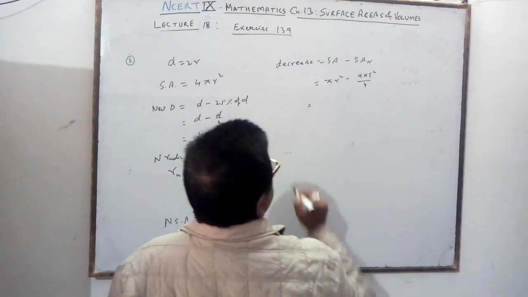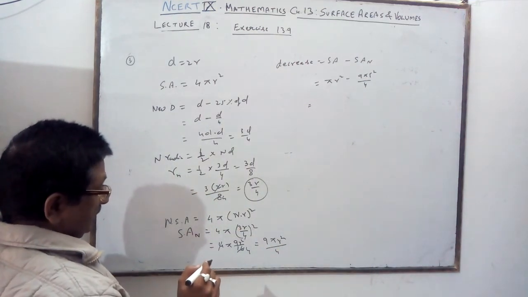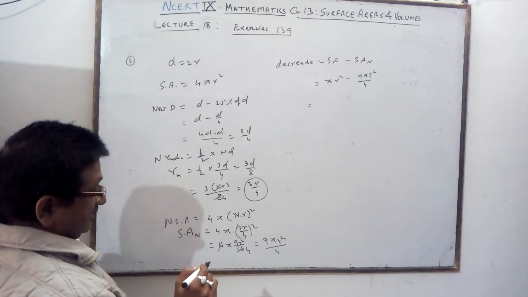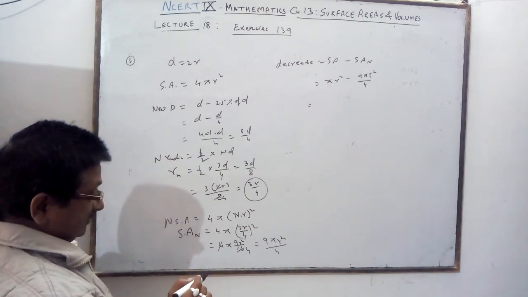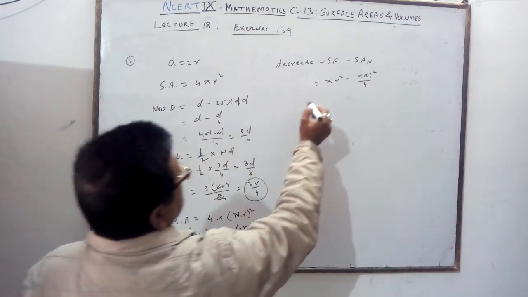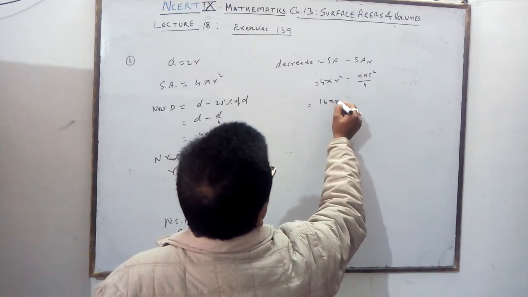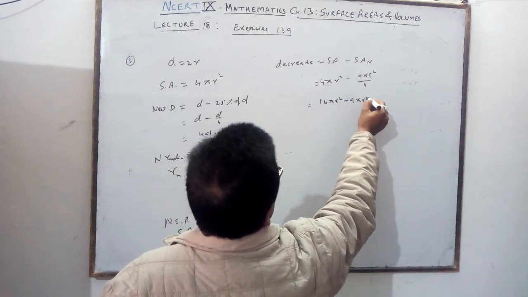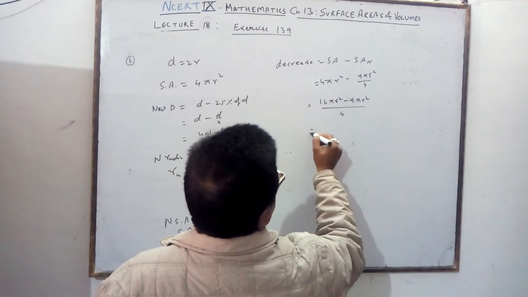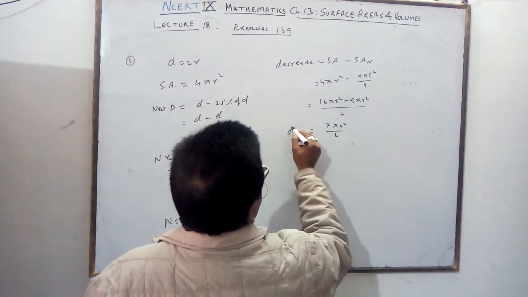Take the LCM: 4 into 4 pi r square is 16 pi r square, minus 9 pi r square, by 4. What are you getting? 7 pi r square by 4. It is the decrease in area.